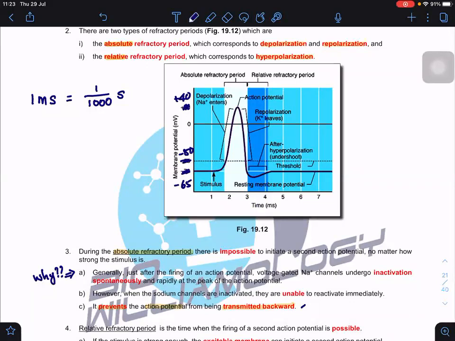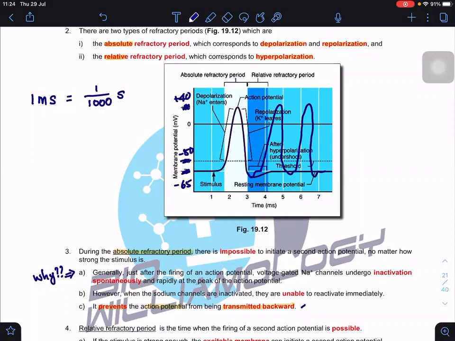So instead of waiting this long, I can immediately have a second action potential. Very fast I can generate the second action potential because I can shorten the relative refractory period. The more action potentials generated, the brain receives the signal: so many action potentials come in at almost the same time, so it is a high strength.